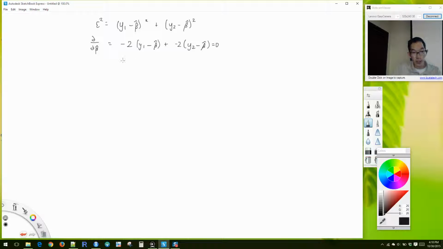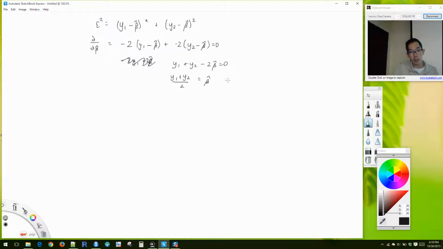Okay, and so solving for beta hat, I should just divide everything by 2, and I'll have y1 plus y2 minus 2 beta hat equal to 0. So I get beta hat equal to y1 plus y2 over 2.